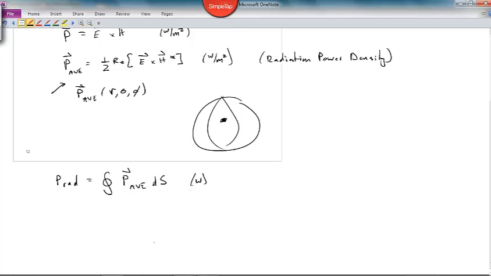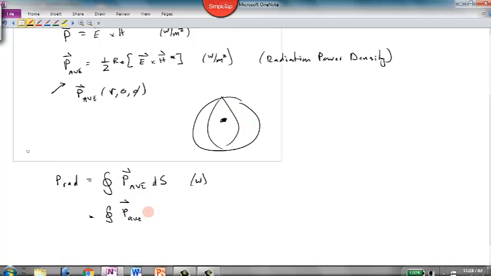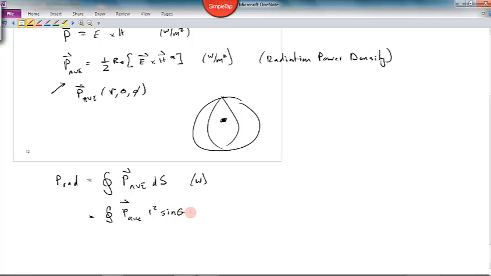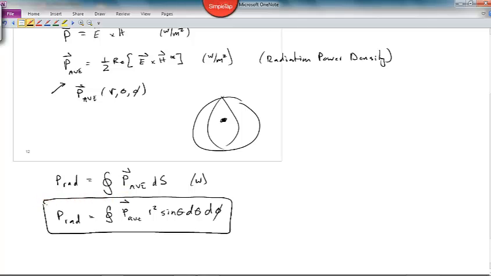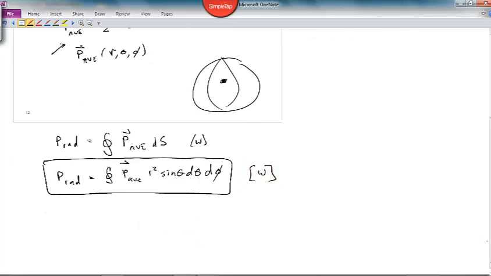We already developed the formula for dS, so we can write it in spherical coordinates as r squared sine theta d theta d phi. This is the formula we will almost always use to determine total power radiated by an antenna, and its units are watts.